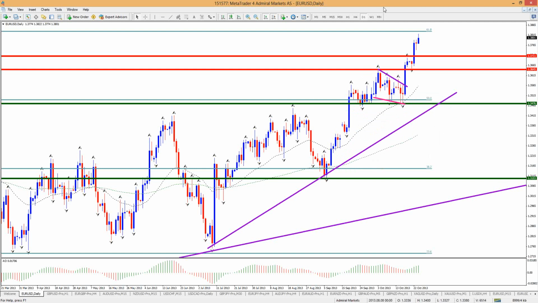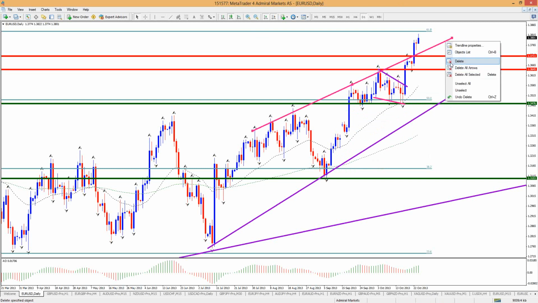Yep. If you even connected a line like this potentially, we could have been at a resistance spot, but really with the NFP we broke through that, didn't we? So that's gone. We're in an uptrend channel.